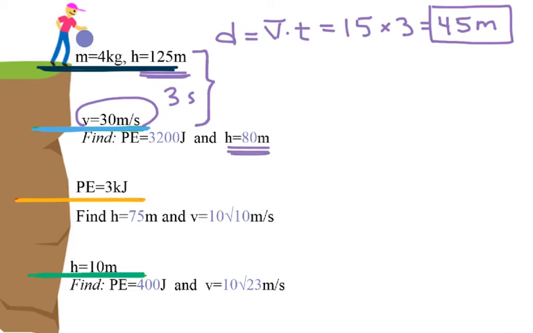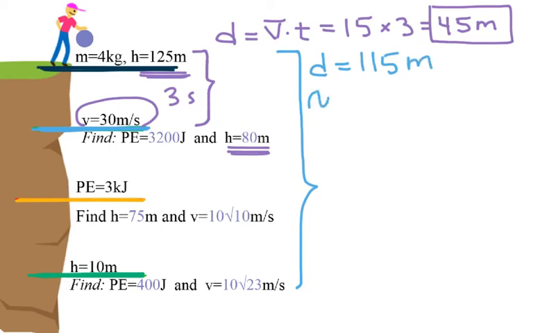So here is this one. Now let's do this in this color as well. Now you were 10 meters above the ground. Let's do this one because that's the one we don't have to use energy to solve. If you are 10 meters above the ground, you have been moving a distance of 115 meters.